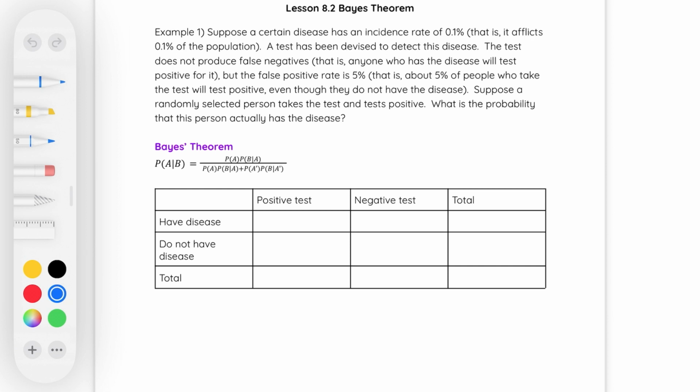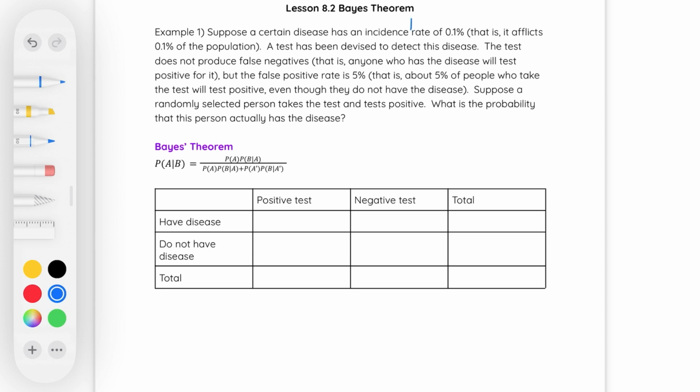So there's a lot of different pieces of information that we have here. We'll do the theorem first, and then we will do the table, and then see how they relate together. So when I'm looking at the first sentence, it says, suppose 0.1% has an incident rate.